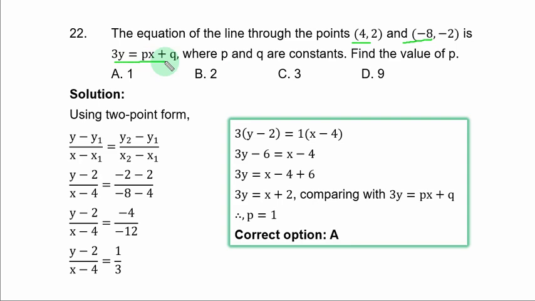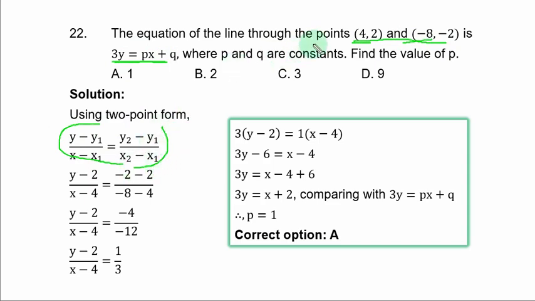Find the value of p. What you do here is simple. Form an equation using these 2 points and compare it with this. Such an equation can be formed using the point-gradient form of equation.